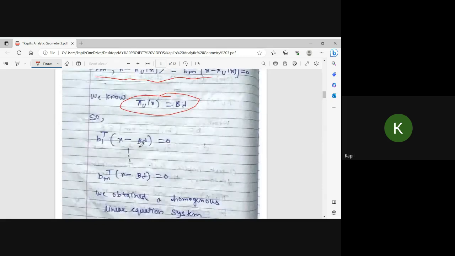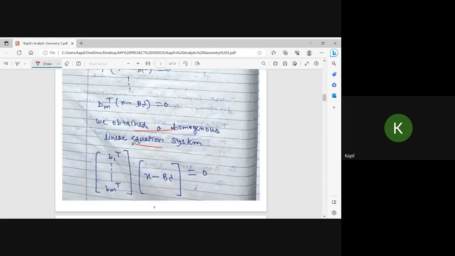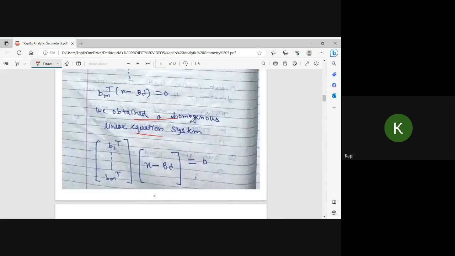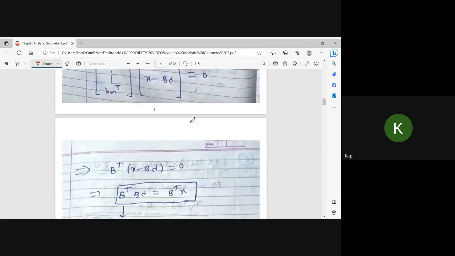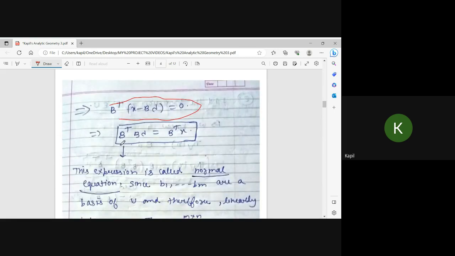We obtain a homogeneous system of linear equations: the matrix of b1 transpose to bm transpose, and the other one is x minus B lambda, their product will be 0. This homogeneous linear equation system can also be written as B transpose times x minus B lambda equal to 0, which is B transpose B lambda equal to B transpose x.